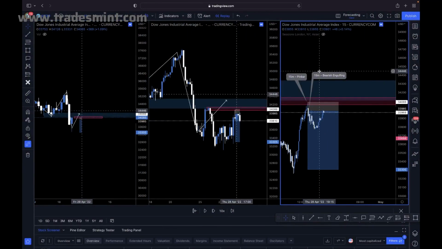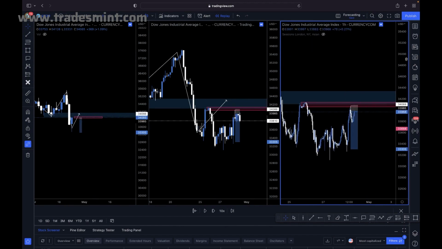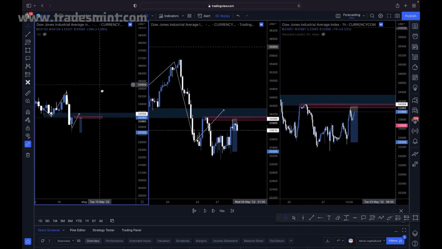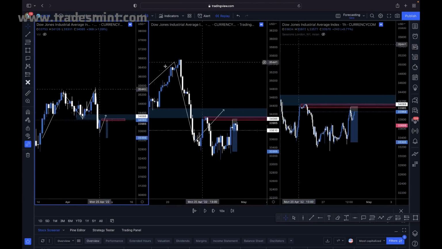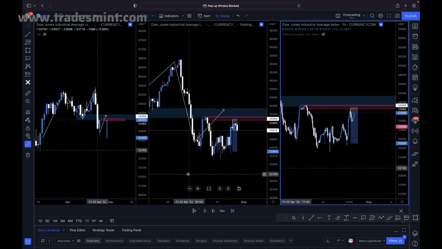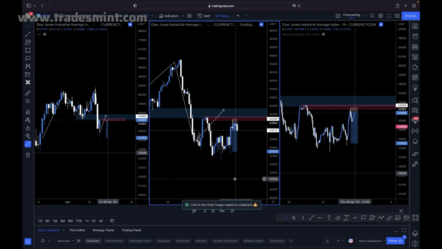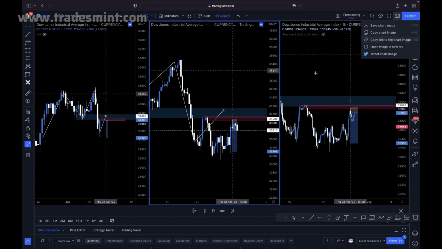That's me. You don't have to get so detailed in the beginning. But for me, it's become so natural that I have the daily, the 4-hour, and the 1 hour. So I use a shortcut to take a picture. It says link to chart image, copy to clipboard. Or if you don't want to use a shortcut, you can just copy link to chart image.